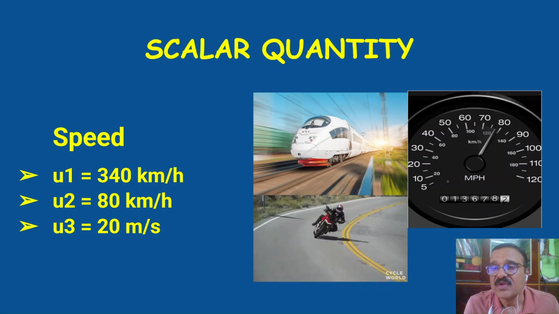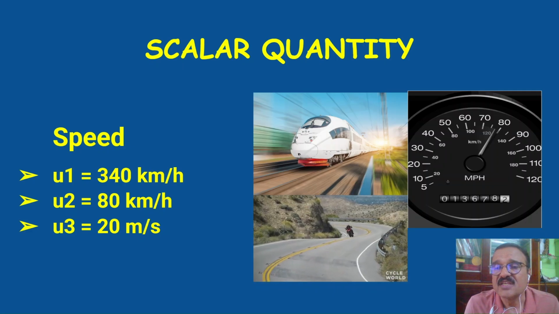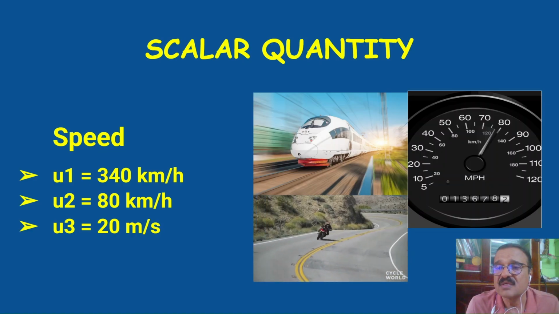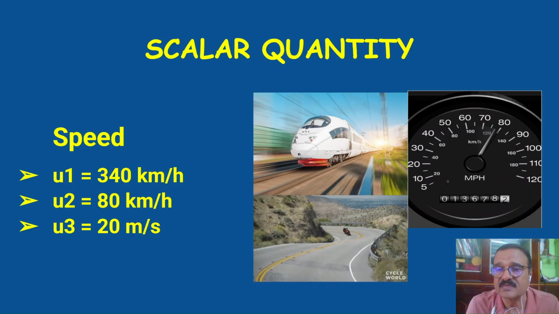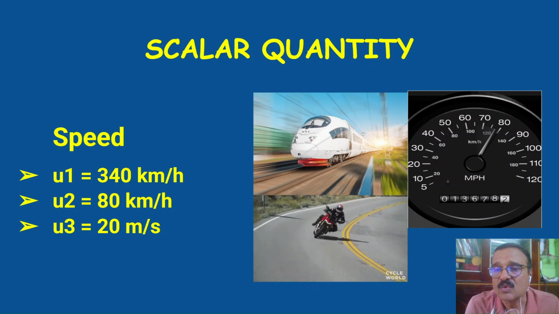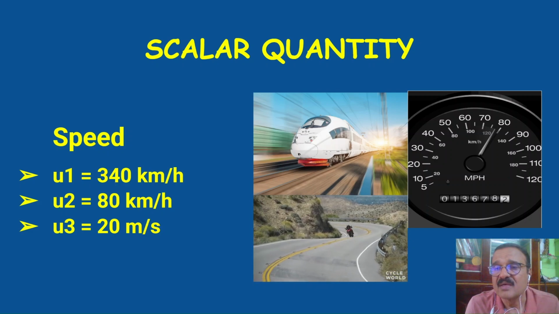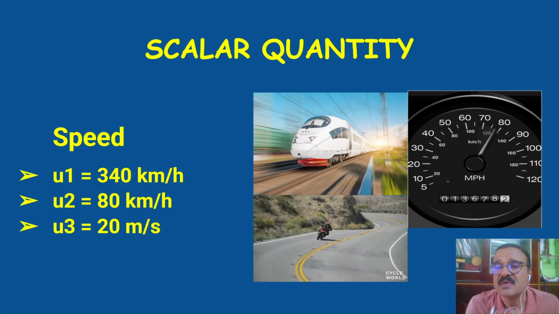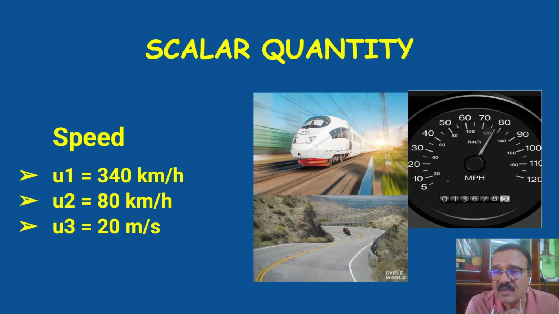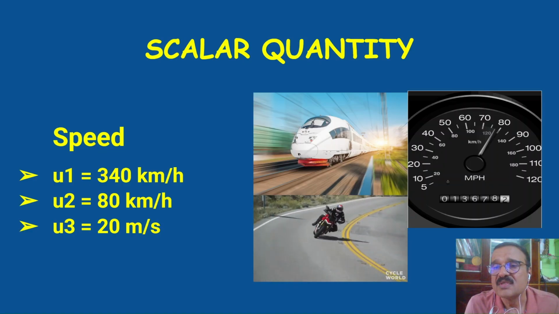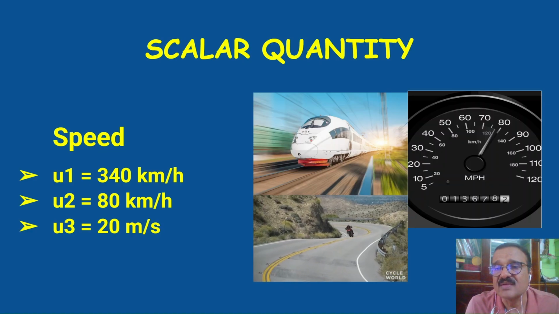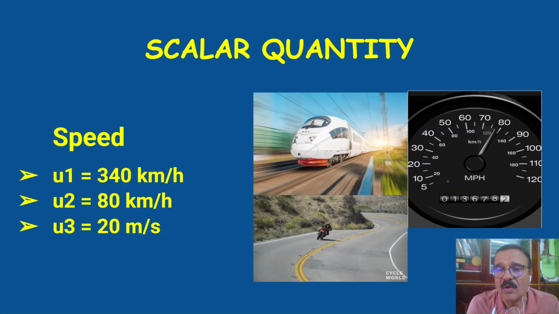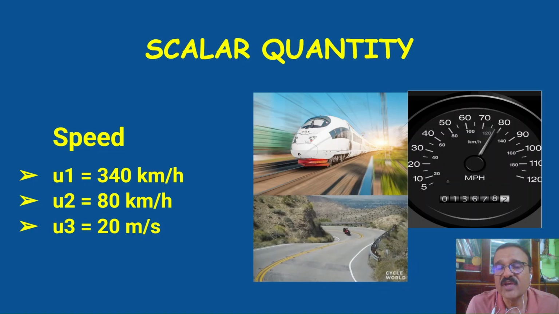Here, the indication is in terms of kilometer per hour as well as in terms of mile per hour. Here now, speedometer is indicating about 130 kilometer per hour and roundabout 77 mile per hour as a speed of a moving object.